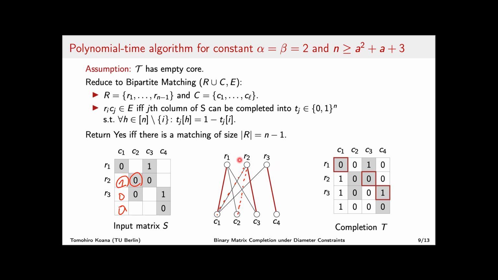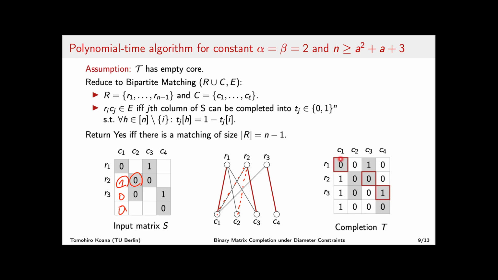So now suppose that we have a solution for the matching. Consider these red matched edges that satisfy all vertices of R. Then we can obtain a completion of S as follows: for every column that is matched, we complete the corresponding column in such a way that the matched entry becomes distinct.